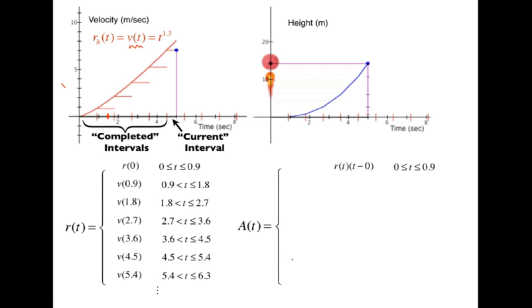How would we express the accumulated height approximate at t equals 0.9? How would we express that? So easy, it's hard, right? How would we express all the approximate accumulated height at t equals 0.9?